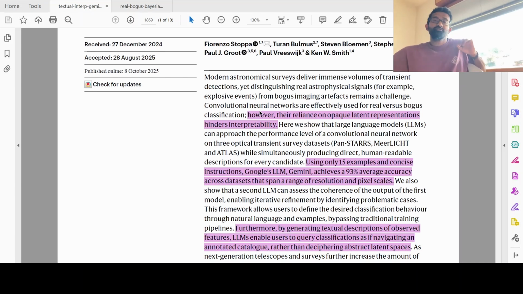So this is what we actually discussed, what they mention here. Okay, so we could use CNN, convolutional neural networks, effectively for real-bogus classification. However, their reliance on opaque latent representation hinders interpretability.